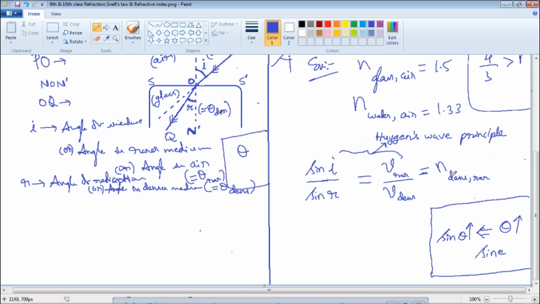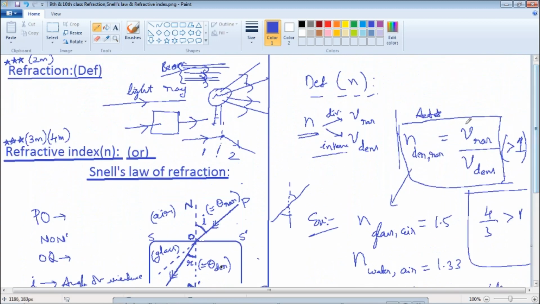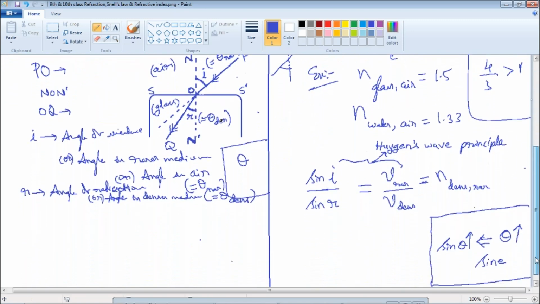Already we have seen the first definition. The first definition was this equation. This was the first definition of refractive index of a denser medium with respect to the rarer medium. It's the ratio of the velocity of light in the rarer medium to the velocity of light in the denser medium. Now this gives a second definition.